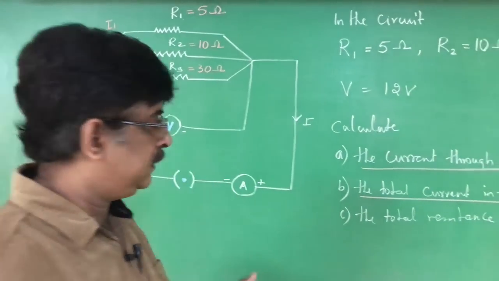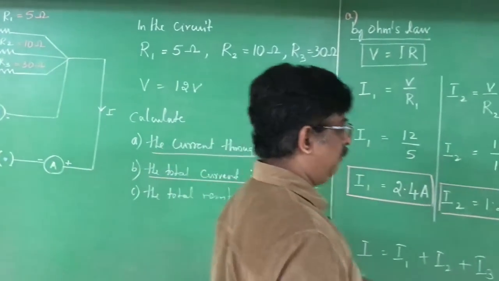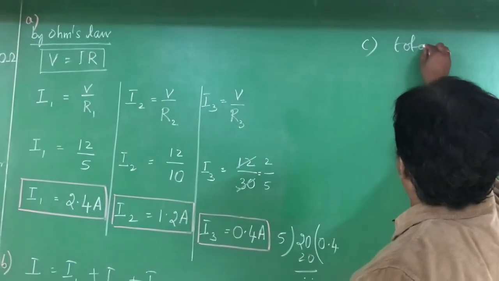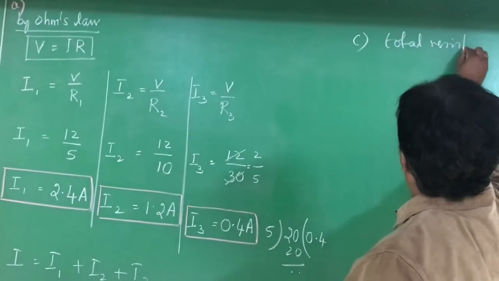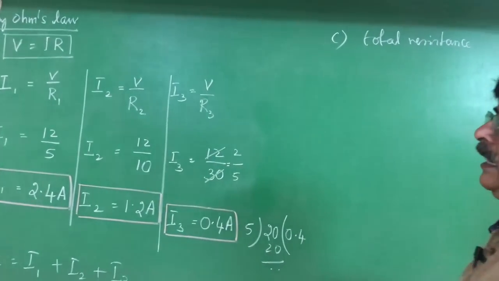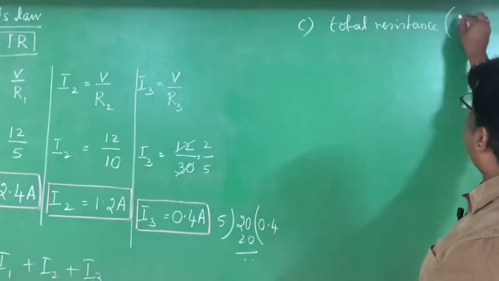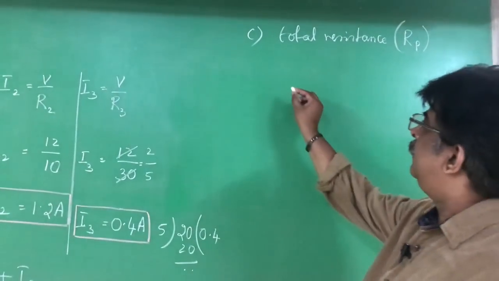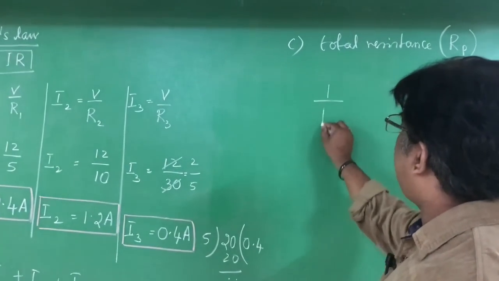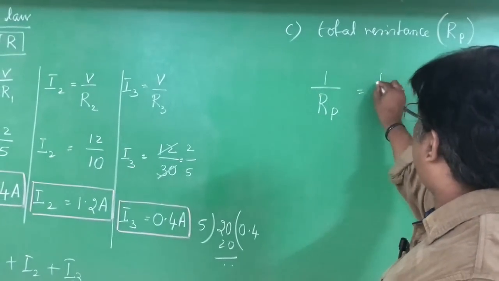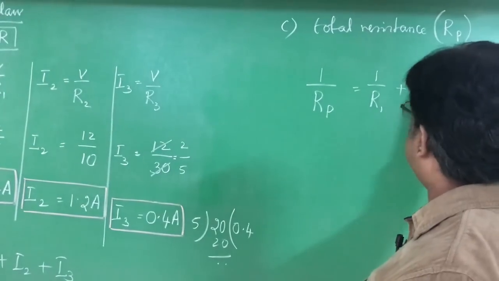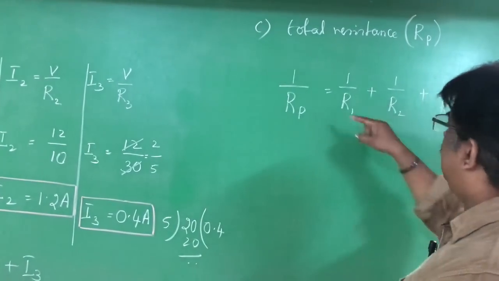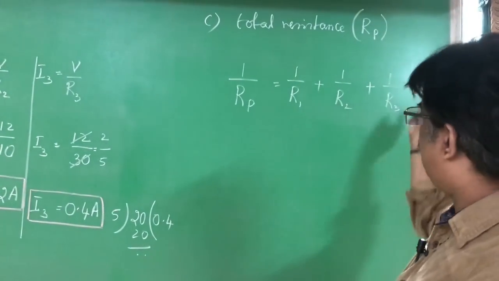This is the C part, total resistance. Since resistors are connected in parallel, I write that as Rp. There are 3 resistors.